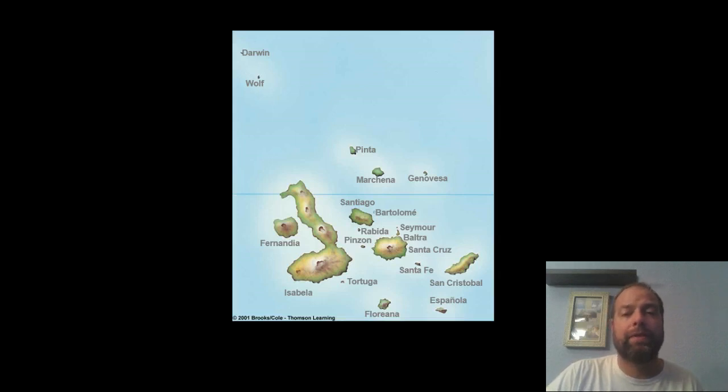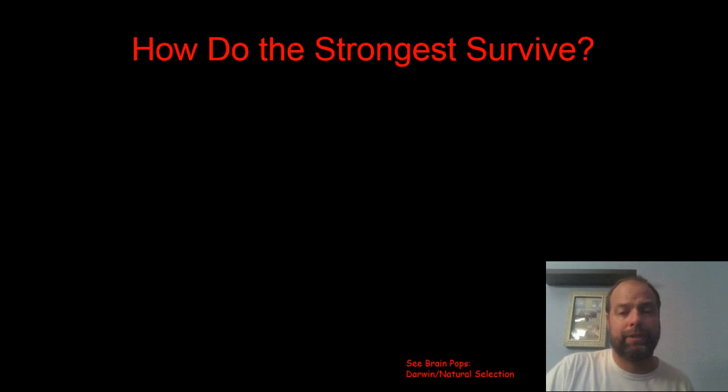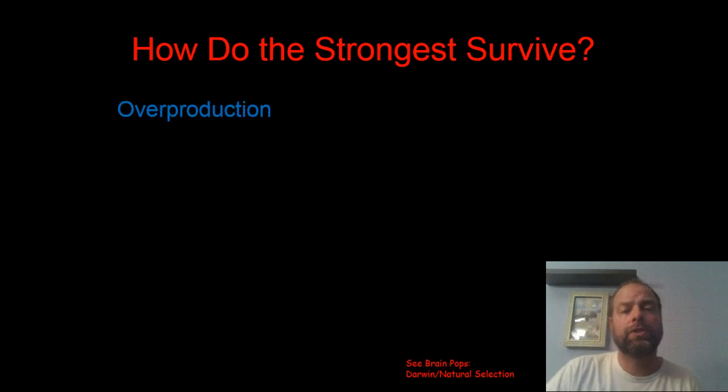So what is evolution through natural selection? It's basically this. Charles Darwin noticed that there's an overproduction of animals. Every animal out there, as well as plants, overproduces, which means they have too many offspring, too many babies.